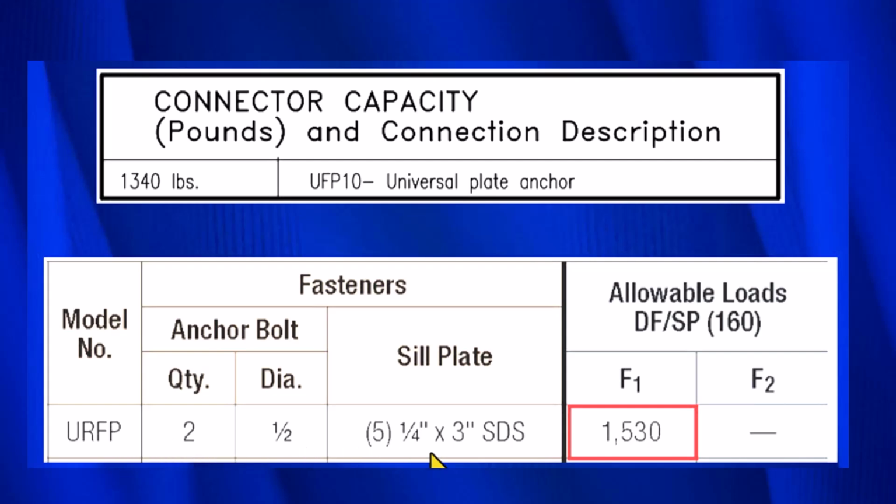However, it has a higher value of 1,530 pounds versus the 1,340. And what that means is, if you use this value right here in the reinforcement schedules, you could actually get the same capacity as you did with the old connector capacity table, using less hardware and making the retrofit cheaper.